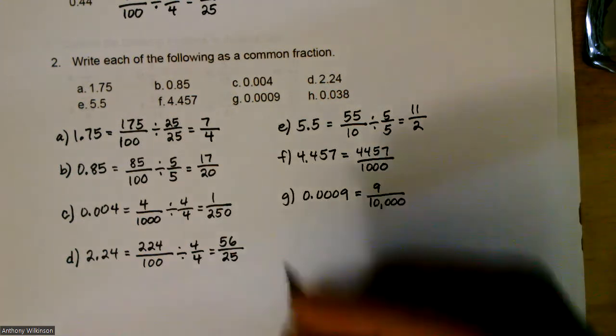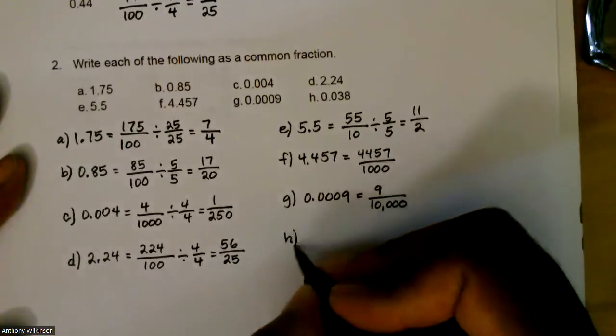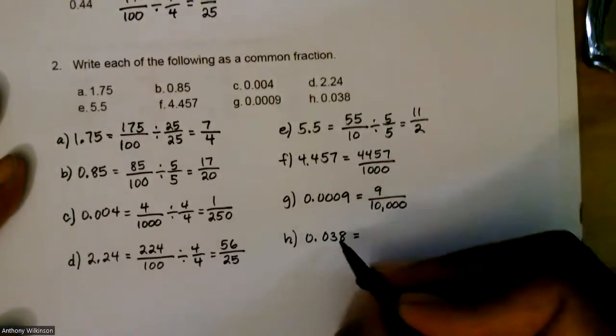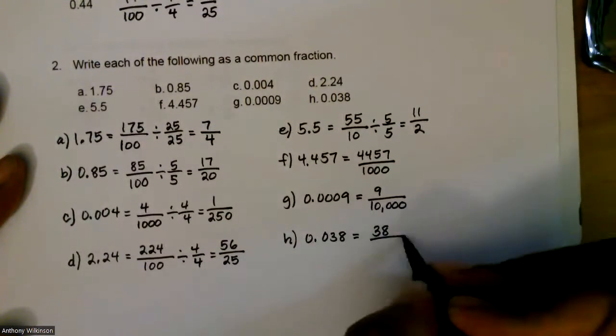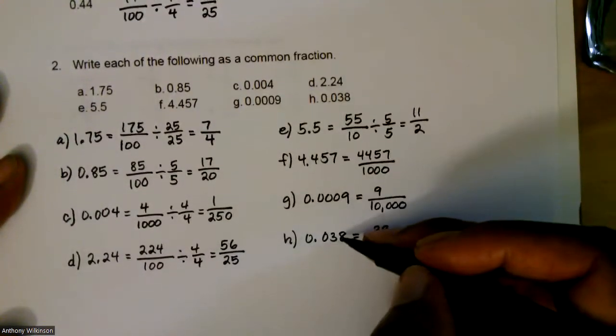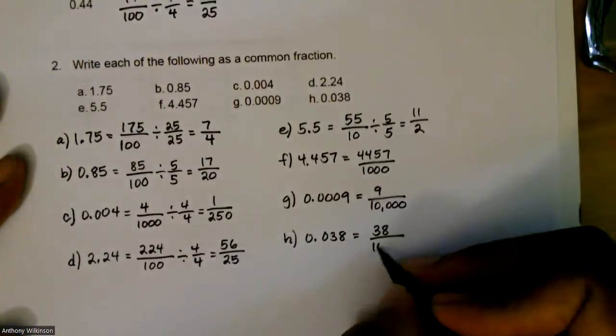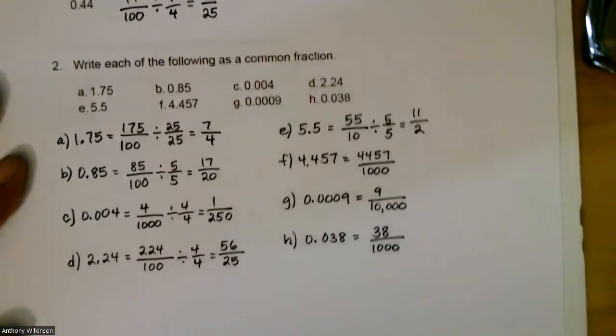In part H, 0.038. Well, the 3 and the 8 will go in the numerator. The 8 is the third digit after the decimal point. That's tenths, hundreds, thousands. So 1,000 goes in the denominator.